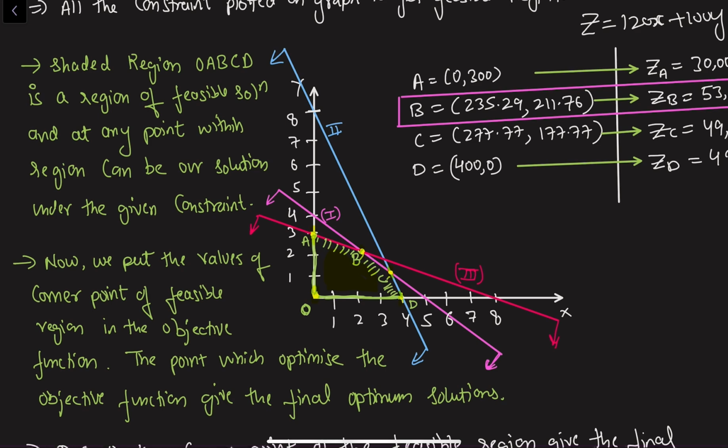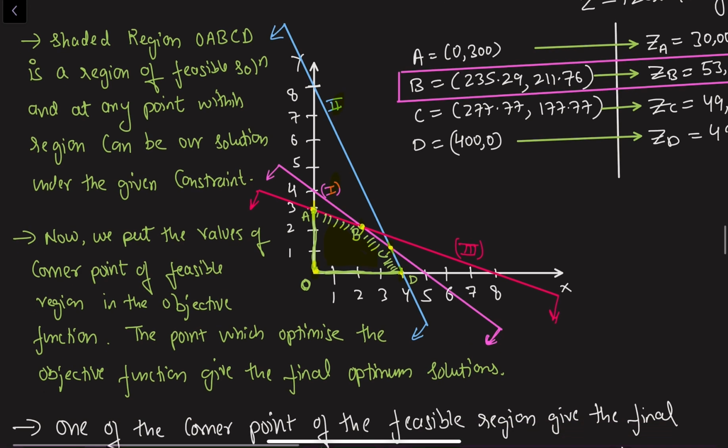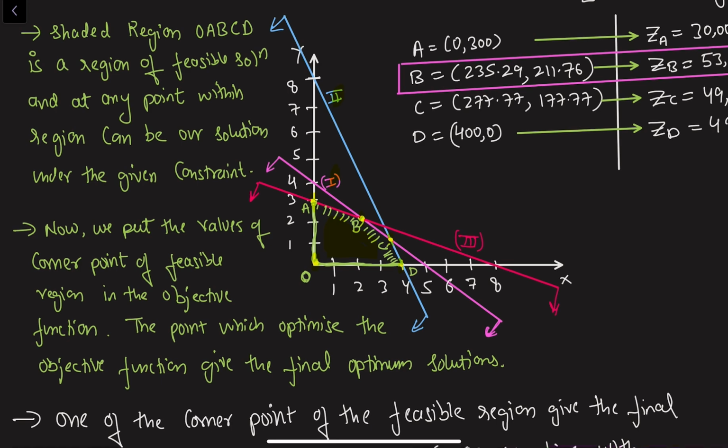So these are the points I have, and I need to identify which point will give me the optimum solution. To get point B, I need to solve the 3rd and 1st equations. Similarly, to find point C, I need to solve equation 2 and equation 1. Now, if we put the values of the corner points of the feasible region in the objective function, the point which optimizes the objective function gives the final optimum solution.